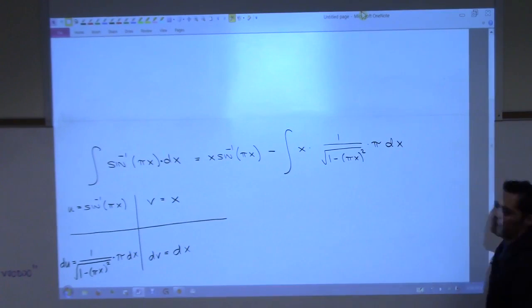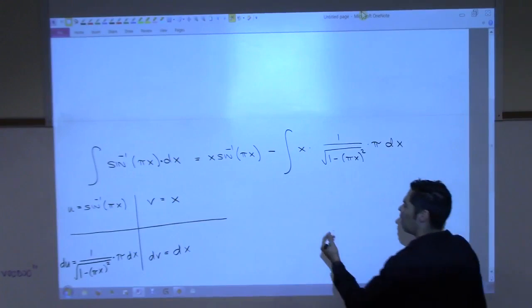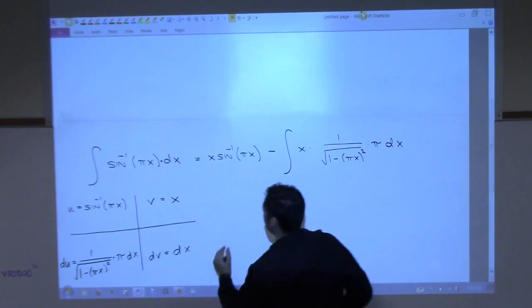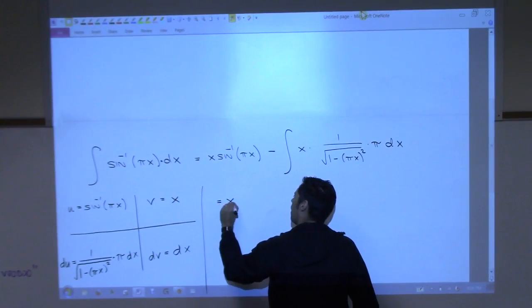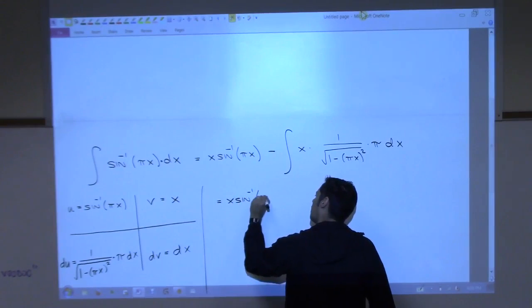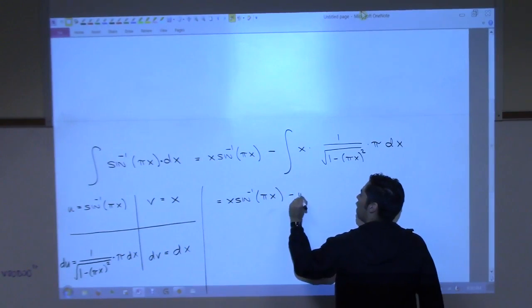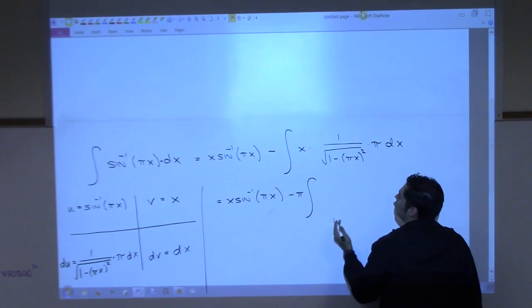All right, good. Can't we clean that up and put pi out front? Yeah, now would be where we pull constants out. Is that all right if we pull that constant out? I'm going to rewrite the whole thing. I don't want to get lazy here. That's my table over there. So that equals x arc sine pi x minus pi times the integral, with x on top.